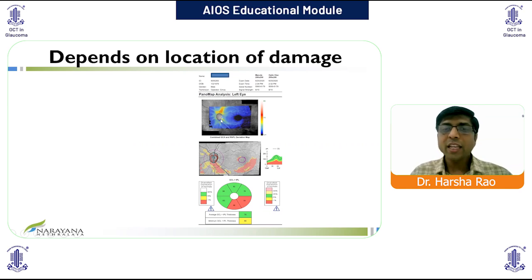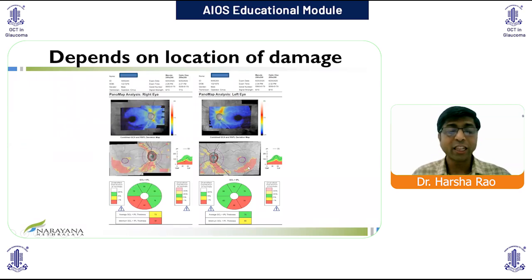Here is the thinning in the inferior RNFL region shown on the deviation map, and there is a corresponding thinning of the GCAPL in the inferior region as well. So a defect in the inferior hemisphere, which is seen both on the RNFL and the GCAPL. So both the RNFL and the GCAPL correlate here, and both parameters are showing the glaucomatous damage very well.